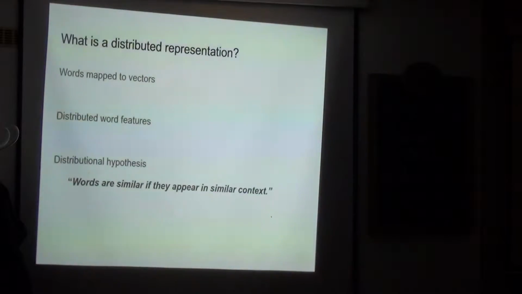So context means that if we have a sequence of words, a word in the middle of the sequence appears in the context of those words. So if there are multiple words that can occur in similar context, we know that those words should be similar in some aspect.